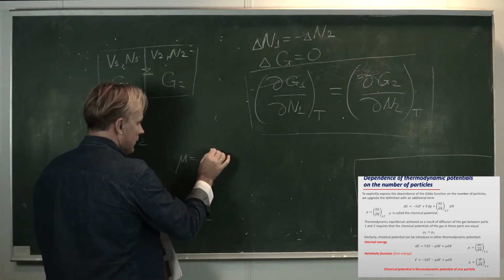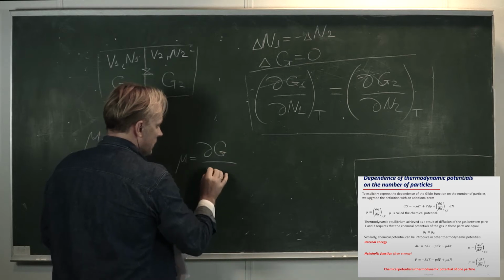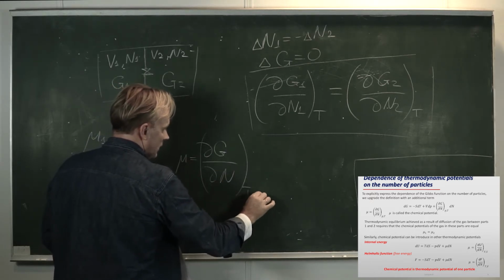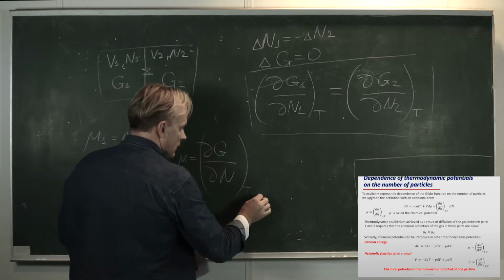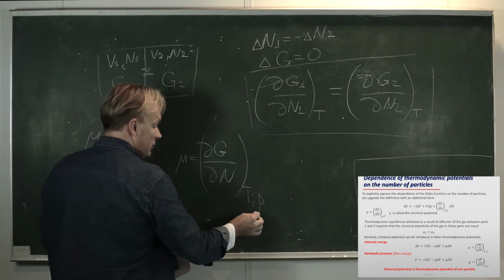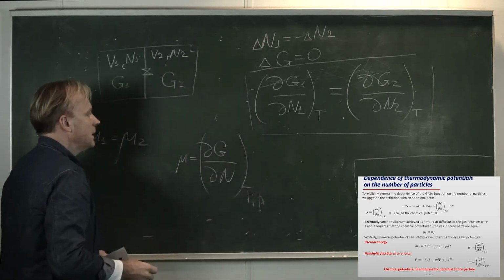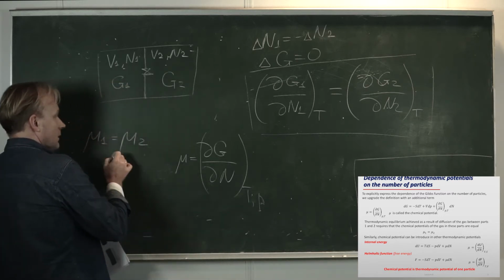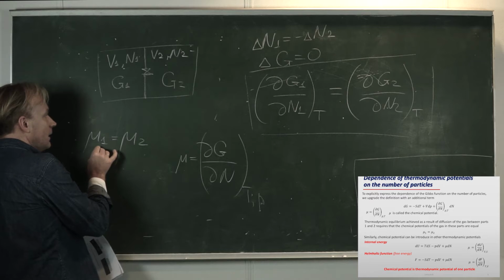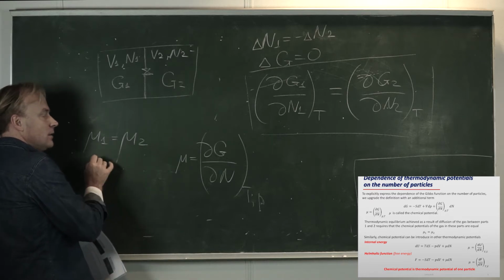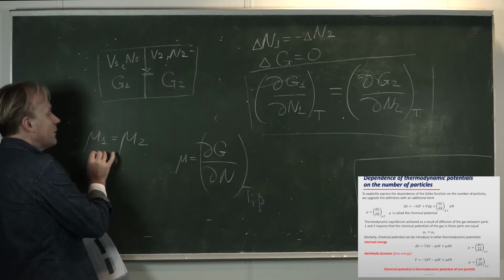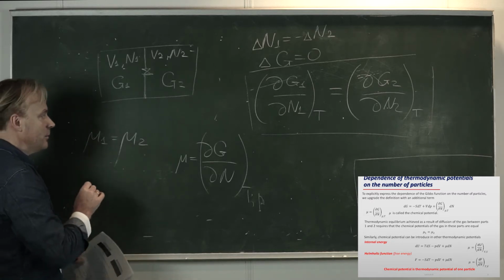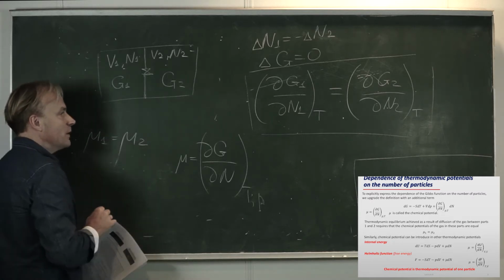Chemical potential is equal to the derivative of the Gibbs function with respect to number of particles while keeping temperature, and also pressure, fixed. As we can see, diffusion is about equilibration of chemical potentials. So in thermodynamic equilibrium, chemical potentials should be equilibrated.